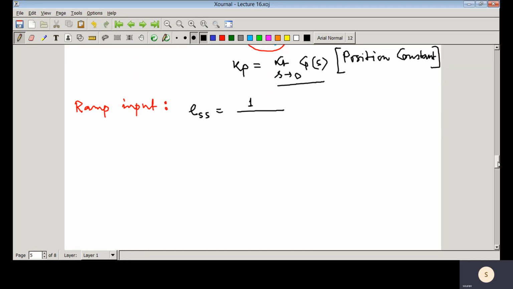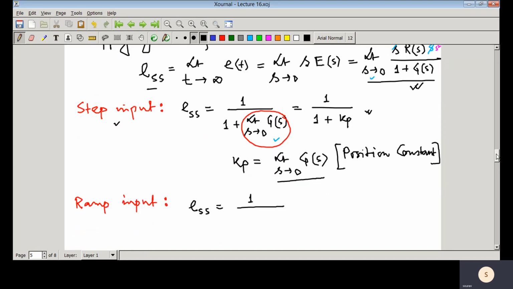So let me just show this thing. Steady state error is s R(s) divided by 1 plus G(s), and you have that limit s tends to 0. So now if it is ramp input, limit s tends to 0 s times 1 by s squared, because it is unit ramp, then 1 plus G(s).